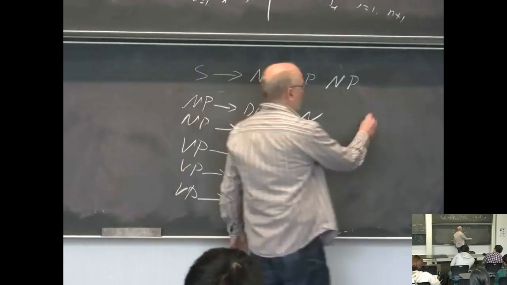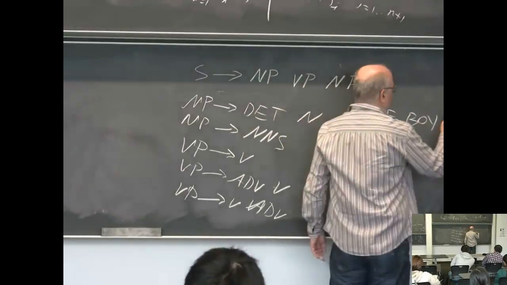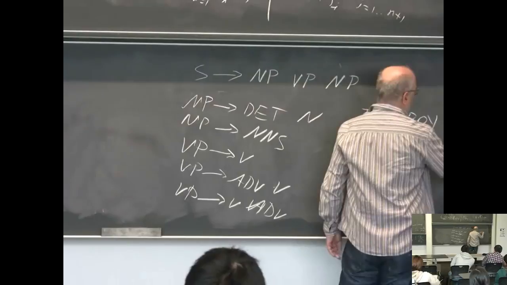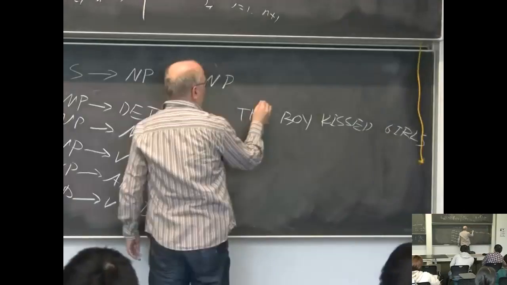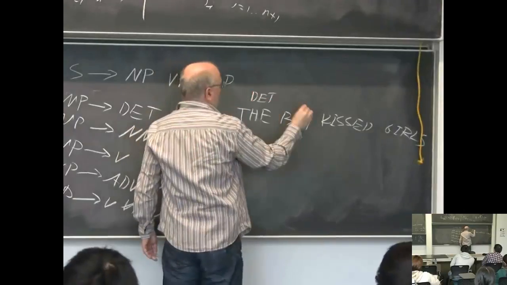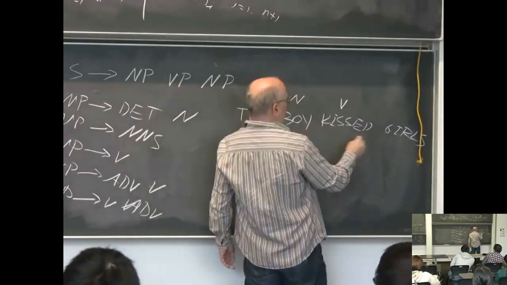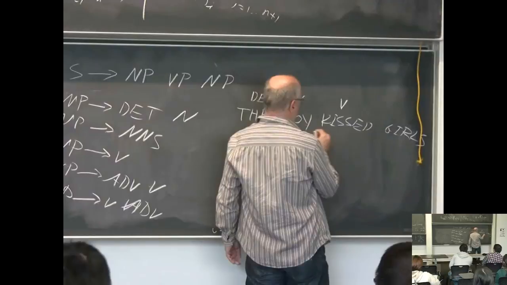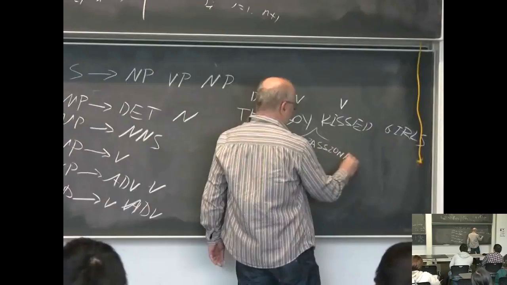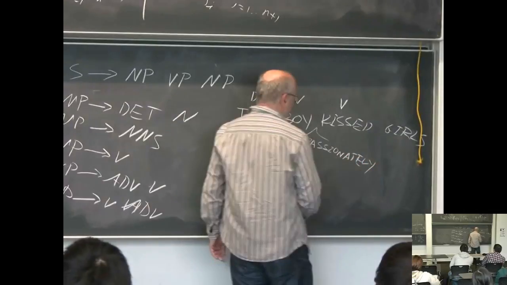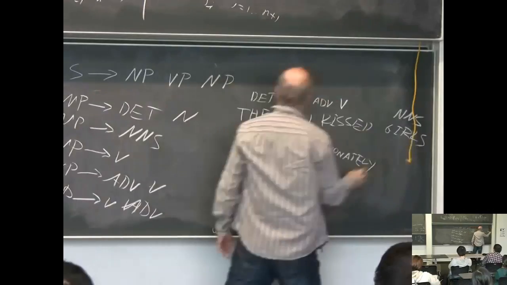So if you have "the boy kissed girls," this is a determiner, this is a noun, this is a verb. How about "passionately kissed girls"? Then you have the adverb here, and you have the plural noun.